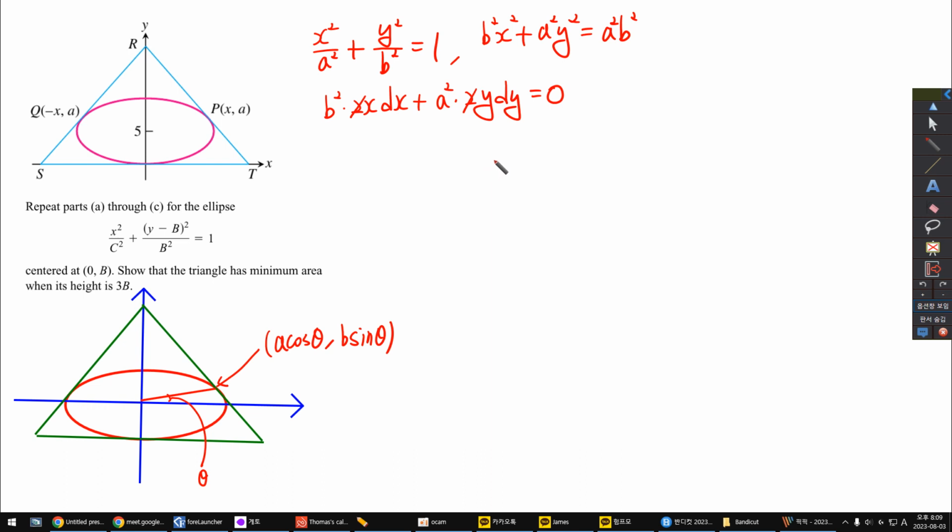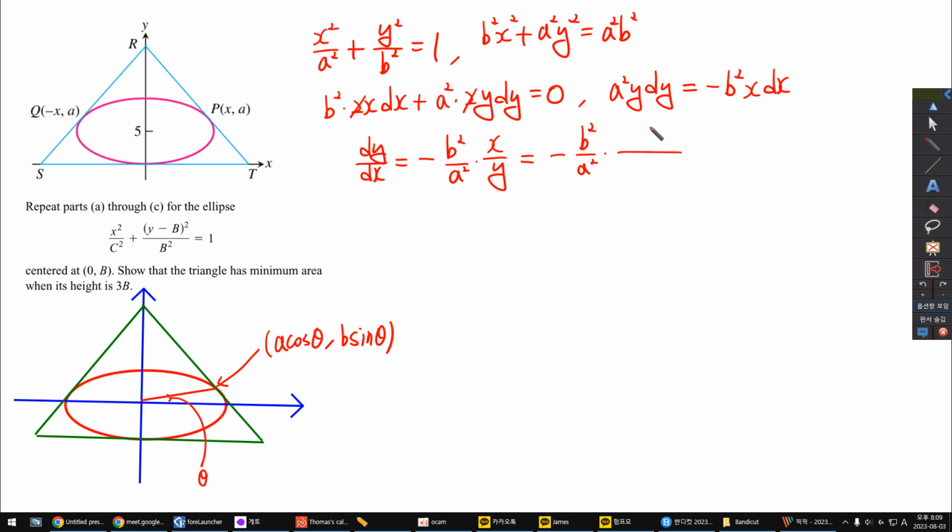So dy over dx is, and then we can change x to a cosine theta and y to b sine theta. Yeah, so this is the slope of the tangent line.